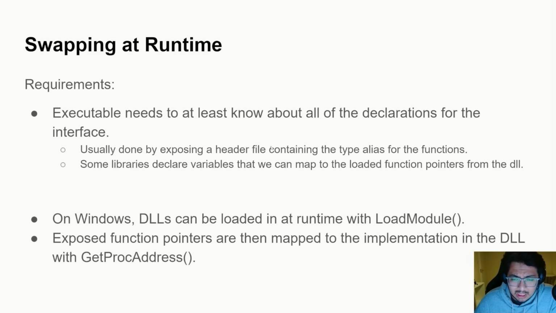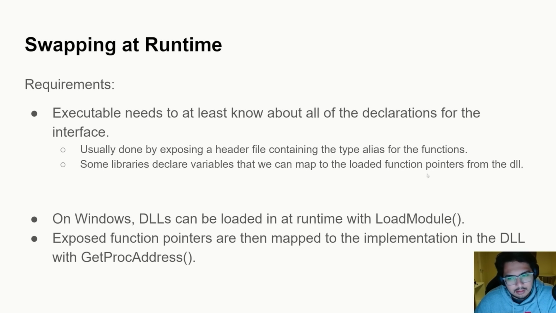I have seen certain libraries that expose the function pointer variables, and when they load in the symbol, they assign the function pointer variable to the loaded symbol. As already mentioned, on Windows, DLLs can be loaded in at runtime with LoadLibrary, and then you can get the symbol to the function with GetProcAddress.